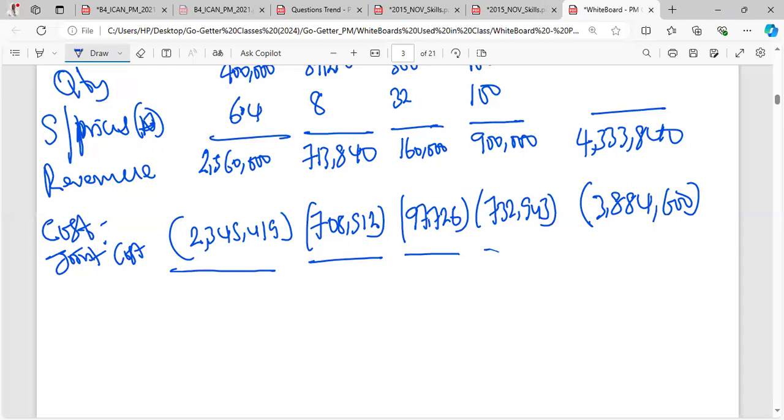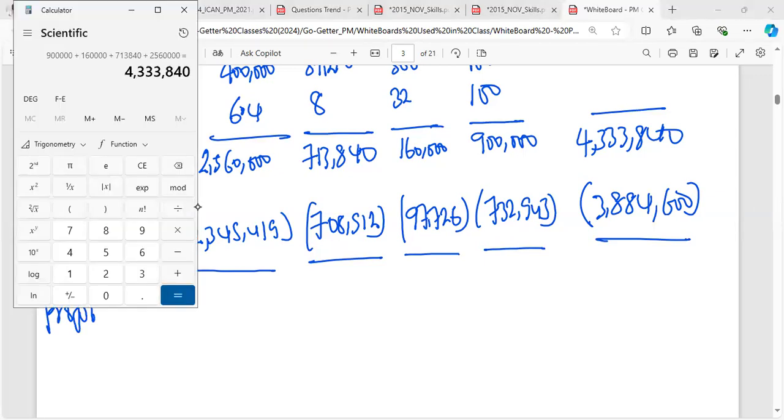Then we had profits. So this is profit. Let me do the last one first: minus 3884600. That will give me 449,240.